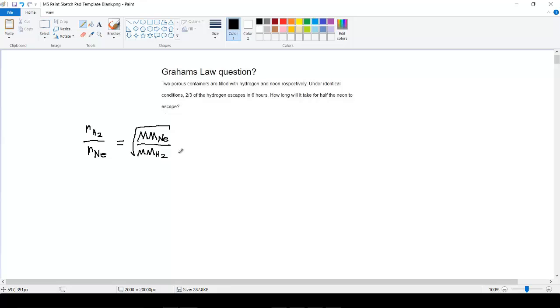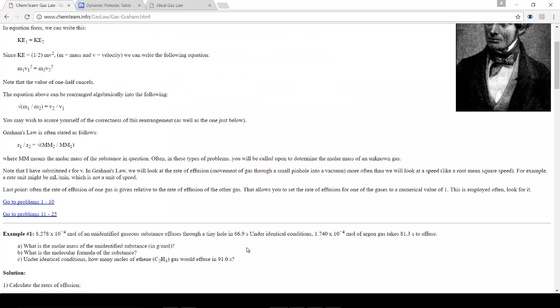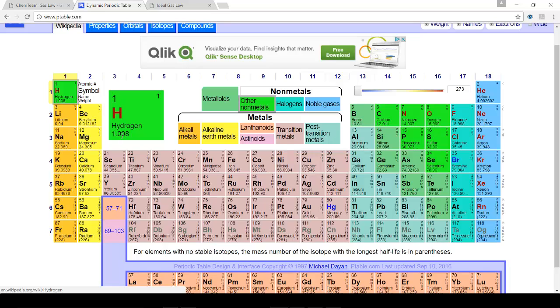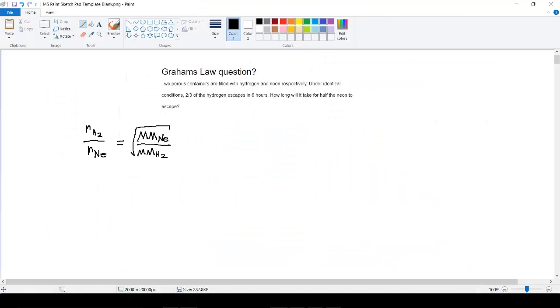All right, so let's start with the molar mass part of this equation, and then we'll go back later and undig these rates. The molar mass of hydrogen we can get from the periodic table, and you see here that this lists that the atomic mass of hydrogen is 1.008 grams per mole. That is going to have to be multiplied by 2.